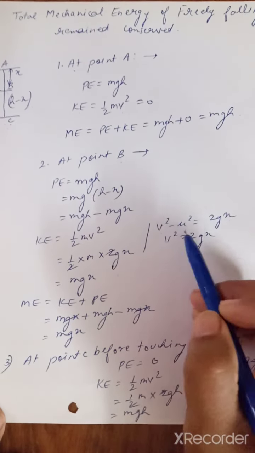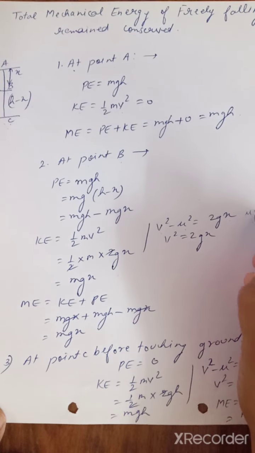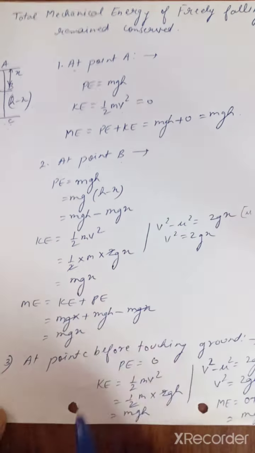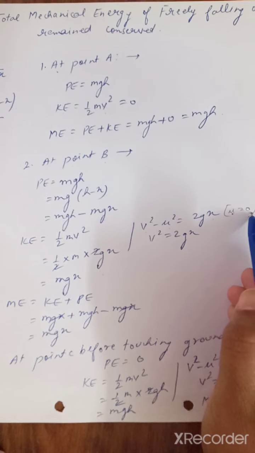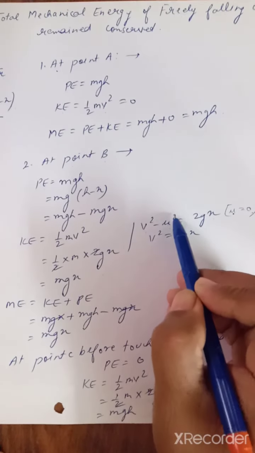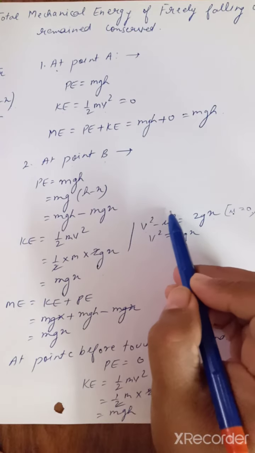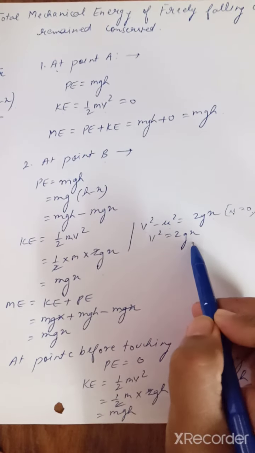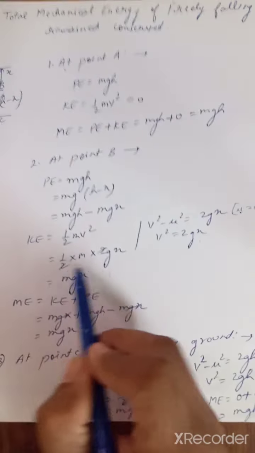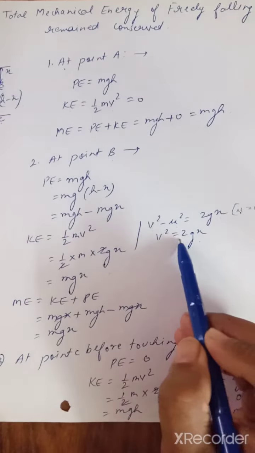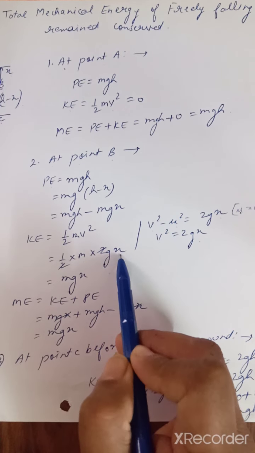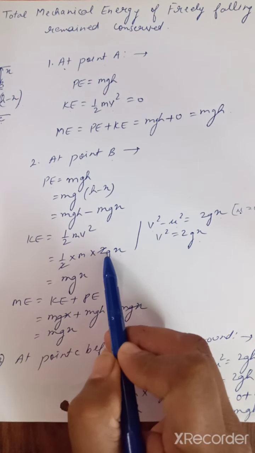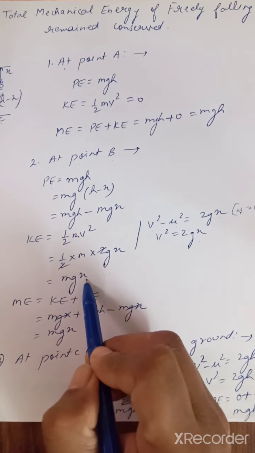Now initially the object was in the rest position, so the initial velocity is considered as 0. So if you put the values here, this term will be 0, so v square you will get 2gx. Then half m, in the place of v square you substitute the value 2gx, so this 2 and 2 will get cancelled and you will get mgx.